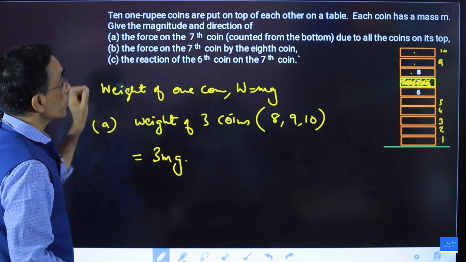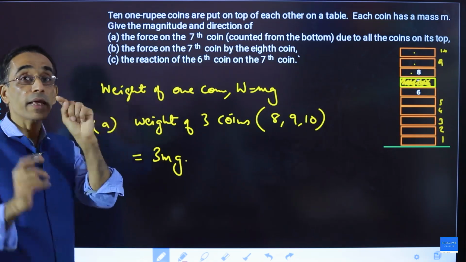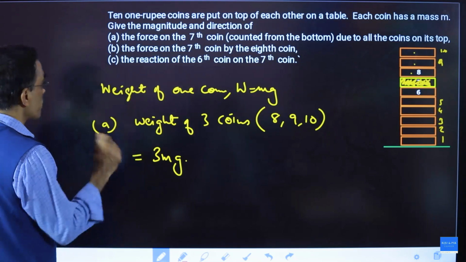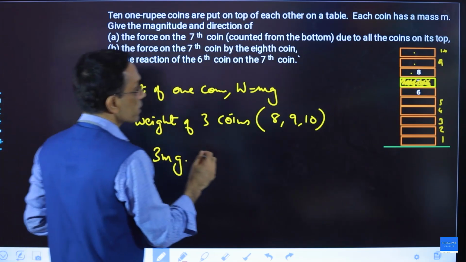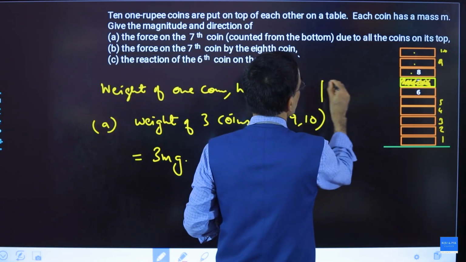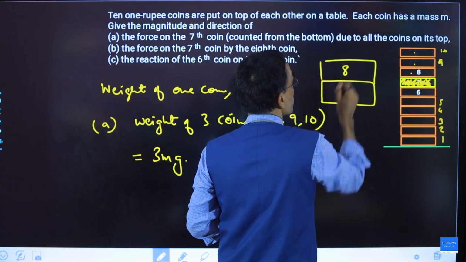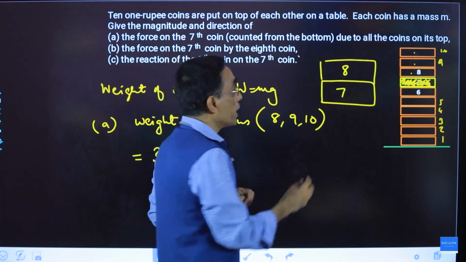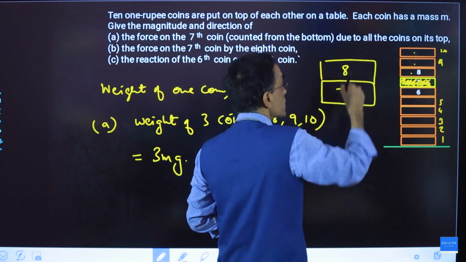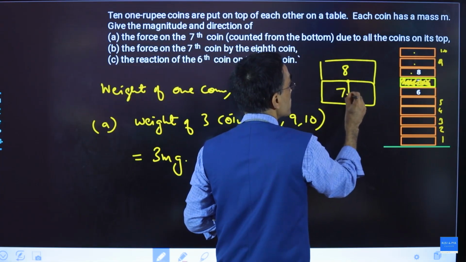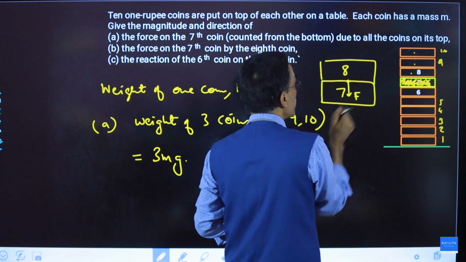Okay. The force on the 7th coin by the 8th coin can sometimes be confusing. I think I'll do it here. This is the 7th coin and the 8th coin is here. Now, the 8th coin is applying a force on the 7th coin, in this direction. This force is what they are asking. And what is that force?